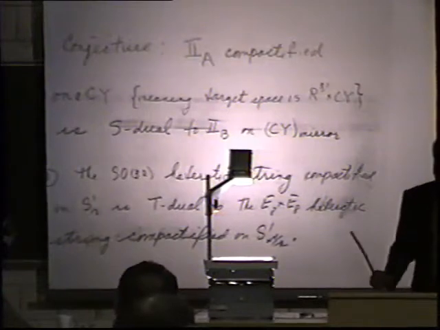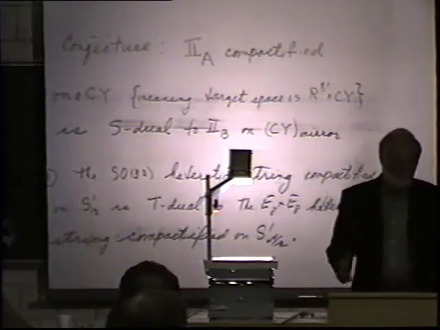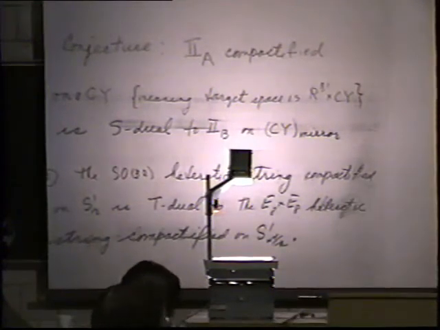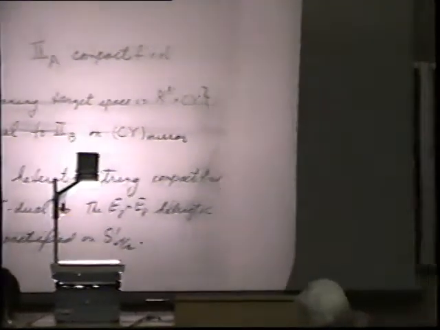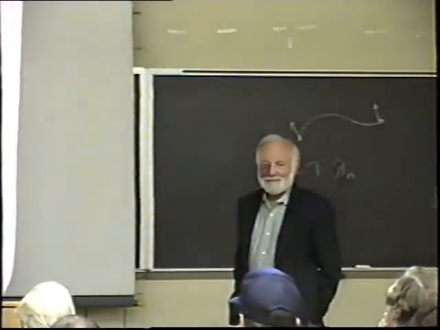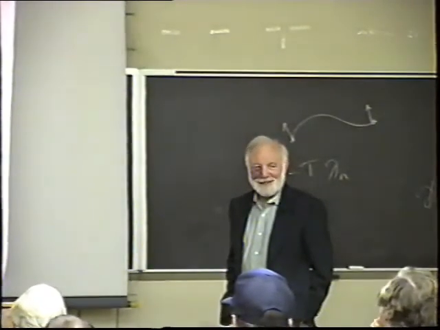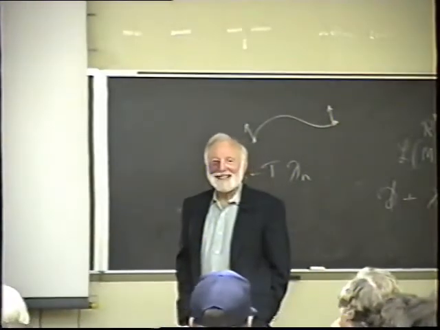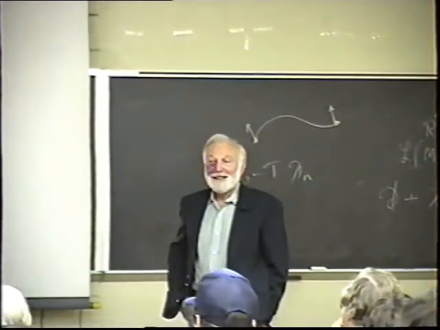Now that is only a conjecture because we can't really say what these field theories mean. Martin's sort of shaking his head. As a mathematician, I don't know what they mean.